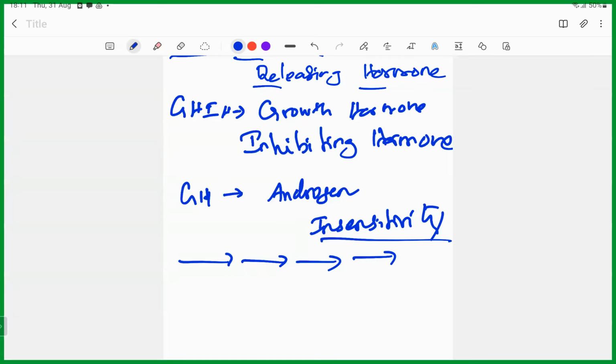You attain puberty. But in these people, that is an issue. There will be a delay in the process. If they come to know that they have some hormone imbalance, at that time they can go for this hormone replacement therapy. Even there is sex reassignment therapy. Hormone replacement therapy, sex reassignment therapy.